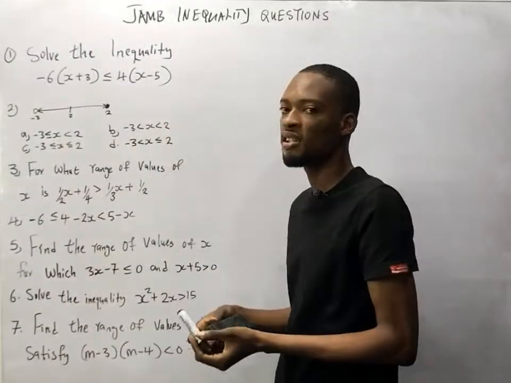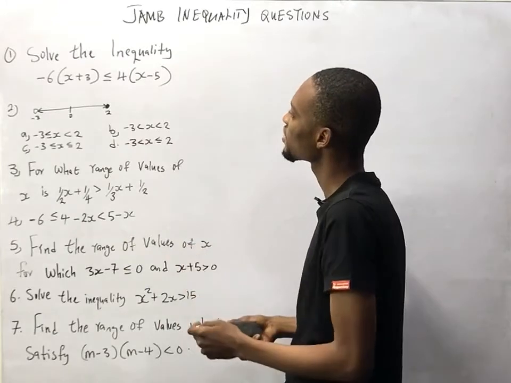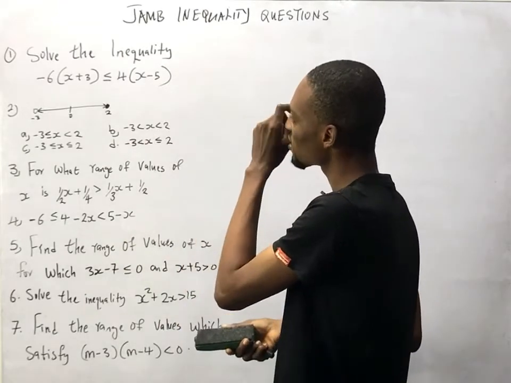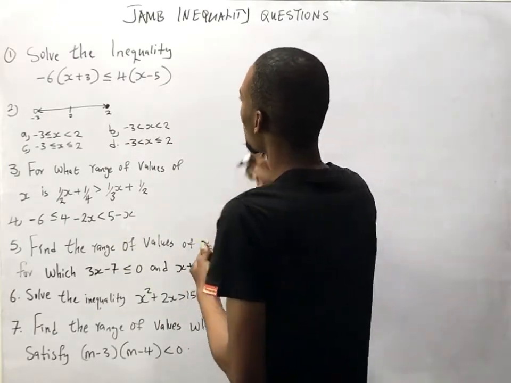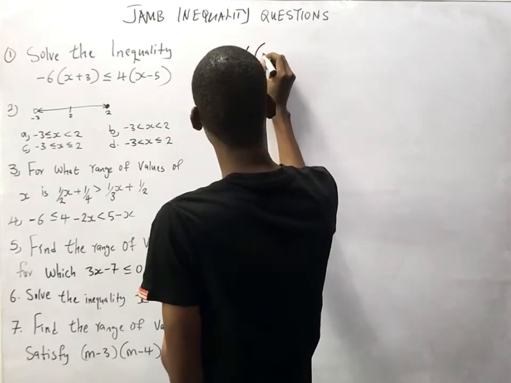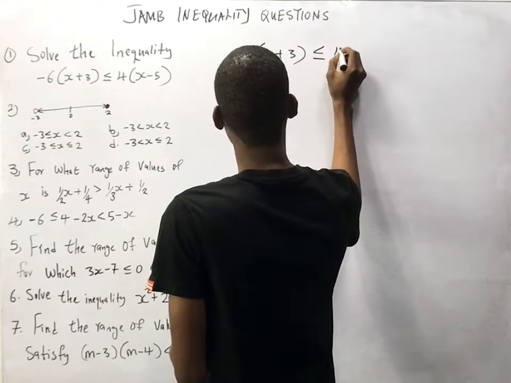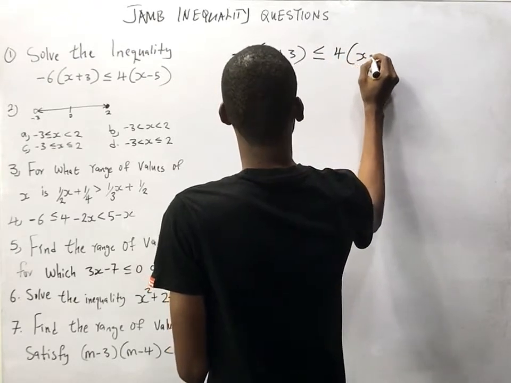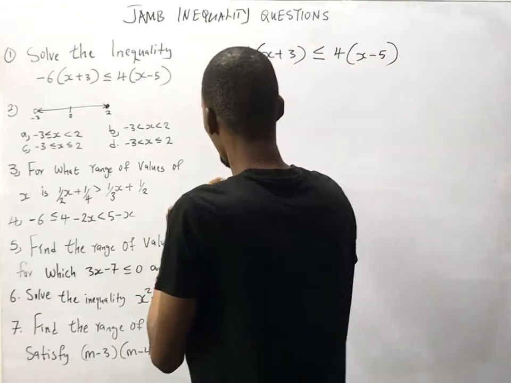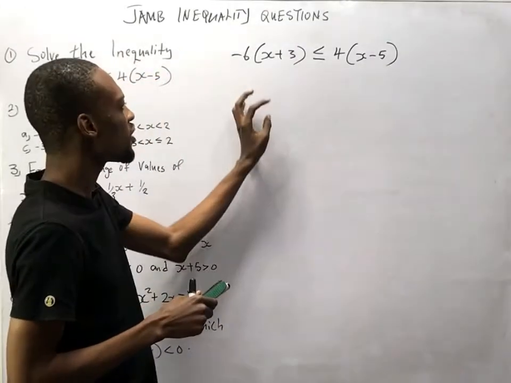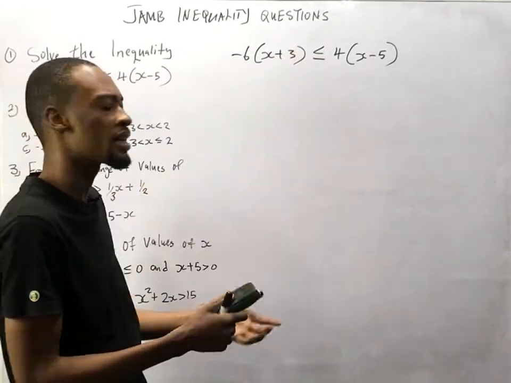Now let's solve these Jamb inequality past questions. The first question says solve the inequality minus 6 bracket s plus 3 is lesser than or equal to 4 times s minus 5. Just like equations, the first thing we do is open up the brackets.